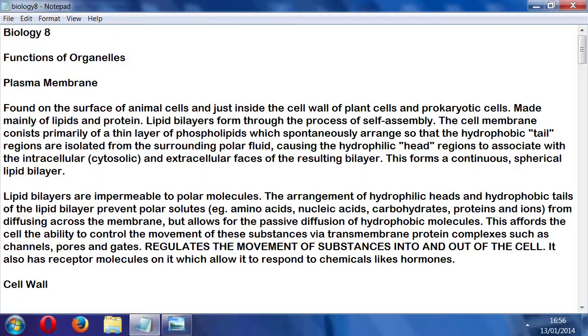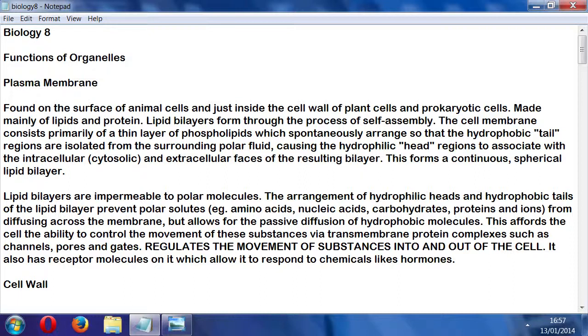The cell membrane consists primarily of a thin layer of phospholipids which spontaneously arrange so that the hydrophobic tail regions are isolated from the surrounding polar fluid, causing the hydrophilic head regions to associate with the intracellular cytosolic and extracellular faces of the resulting bilayer. This forms a continuous spherical lipid bilayer.